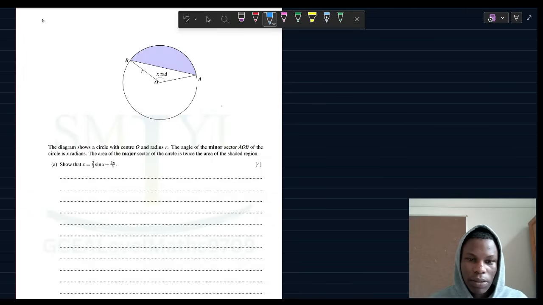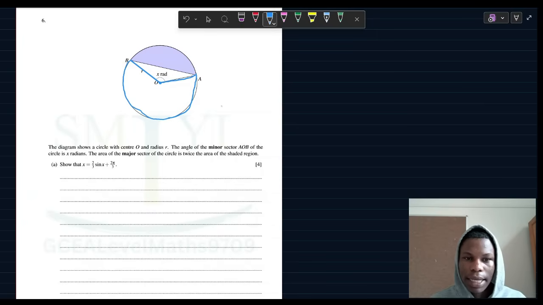So we know that the angle of the minor sector AOB is x radians, that's fine. The area of the major sector of the circle is twice the area of the shaded region. So the major sector would be from O to B, it's major, so it's the big one, to A. This is the major sector.